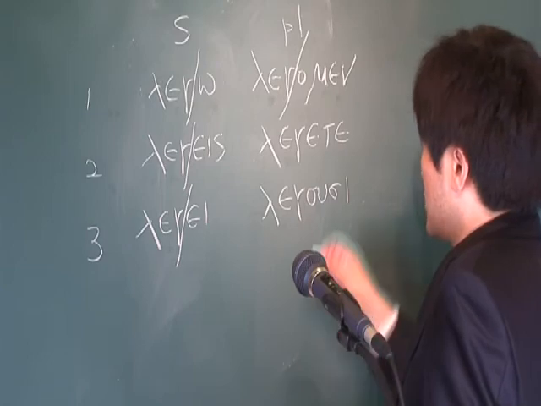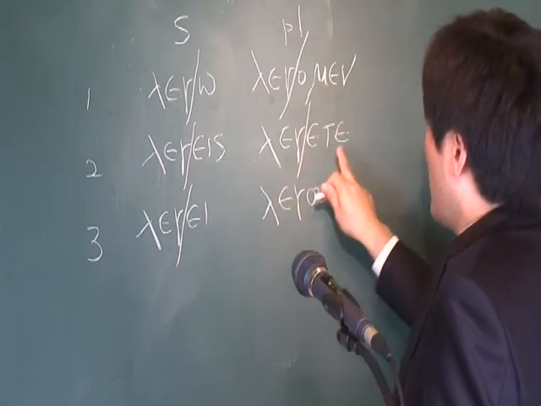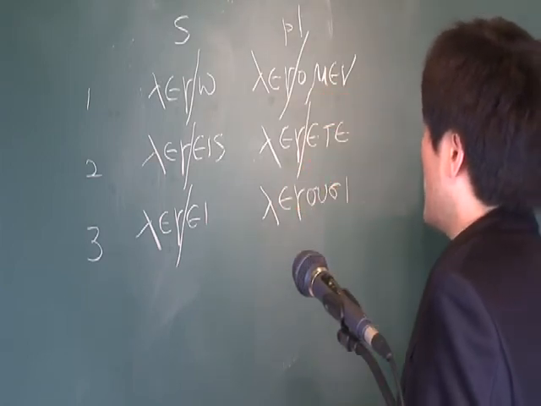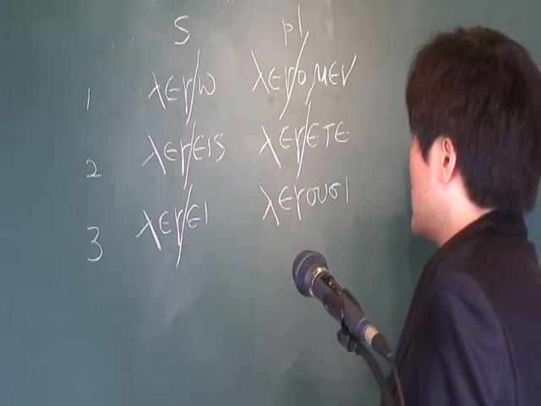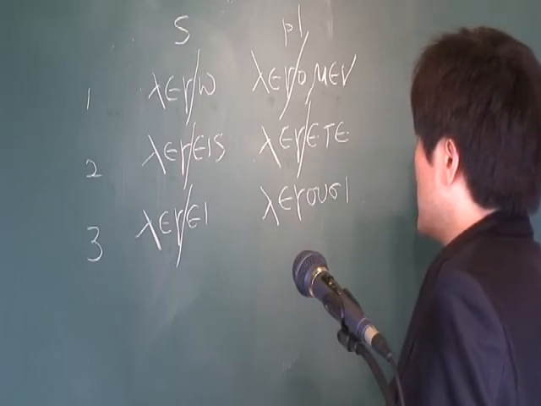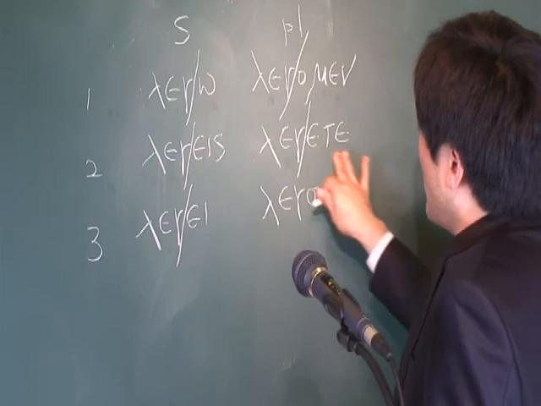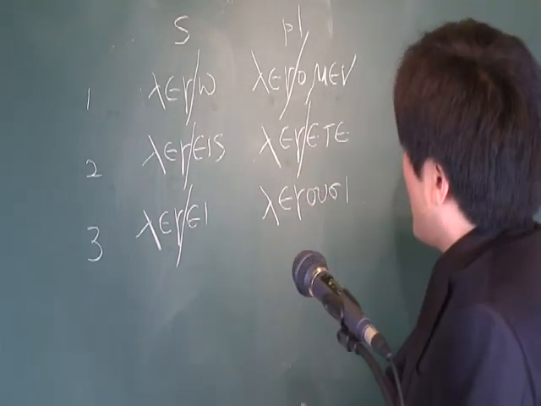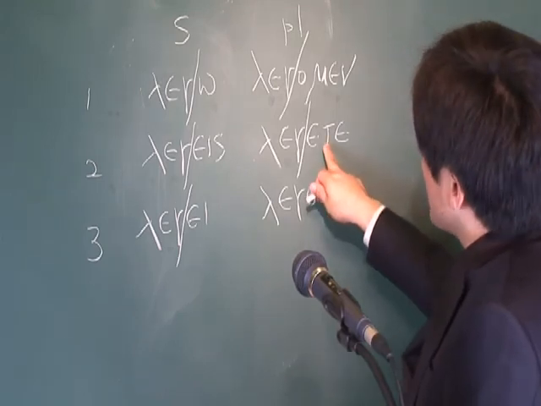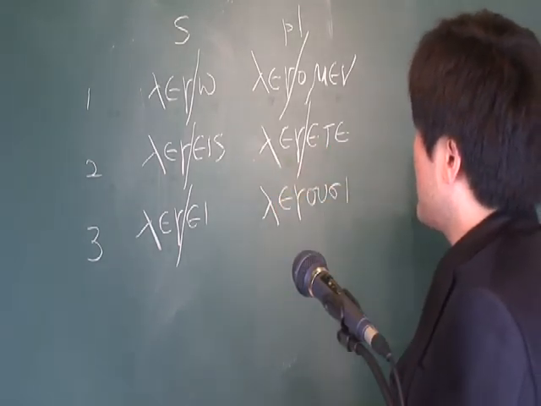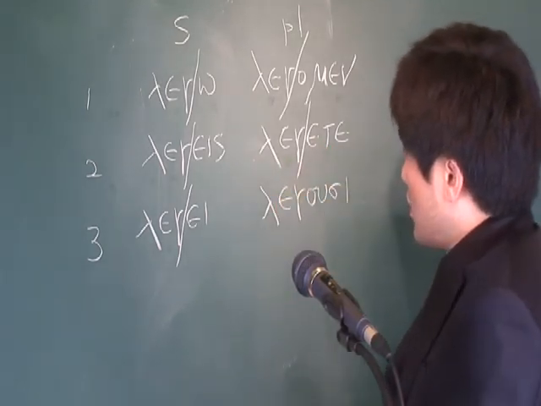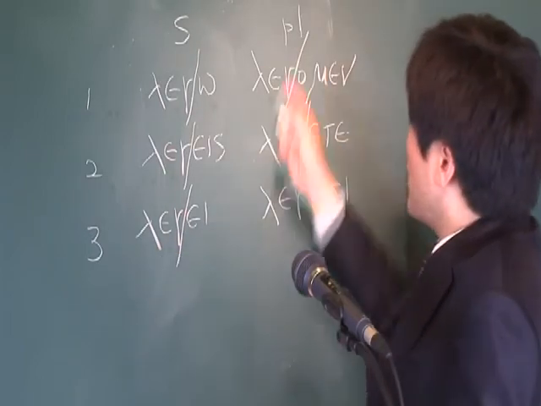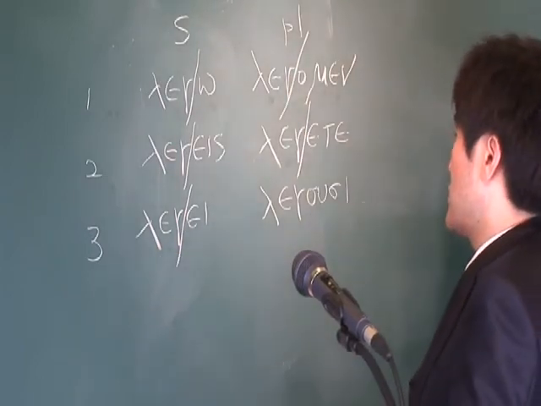Next, we will study the iota subscript. The iota subscript is a small Greek iota written under vowels. There are only 3 forms of this: alpha, eta, and omega.